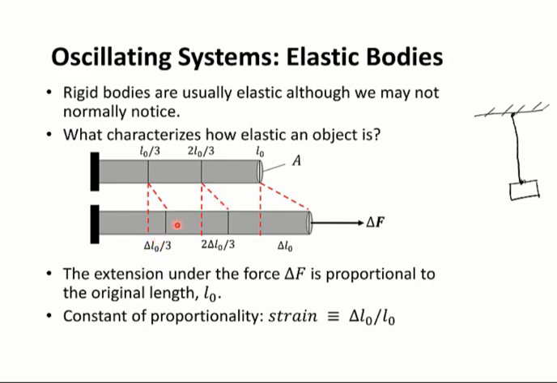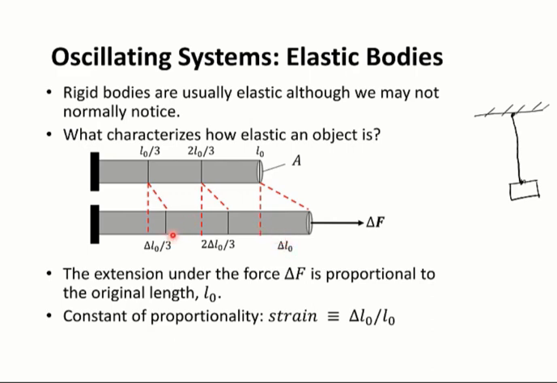And what should this be? Well, it should be proportional to the initial length here, which is twice L0 over 3. So here the extension also will be twice delta L0 over 3. And here the initial length was L0, so the extension should be delta L0.